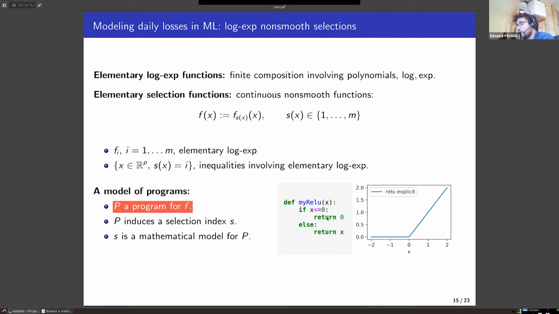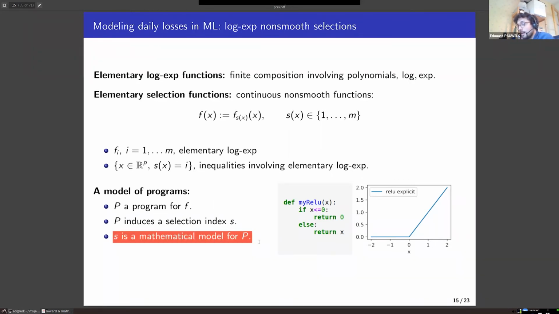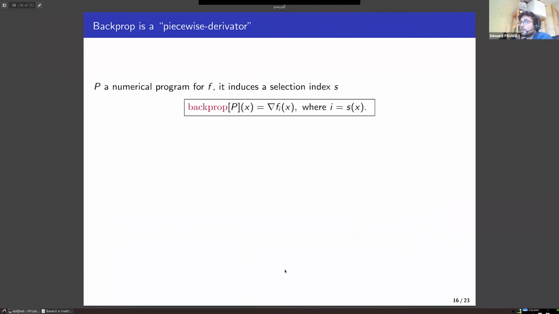We have two branches, and the if-else statement induces a selection between the zero function or the identity function, which are the two possible outputs. Conversely, we may say that s is a mathematical model for P. This is just an abstract way to think about programs. But with this abstraction, we can describe what backpropagation actually does in a non-smooth context.